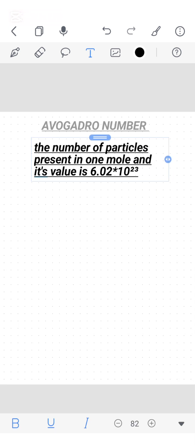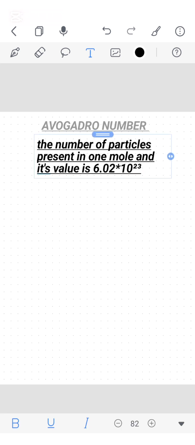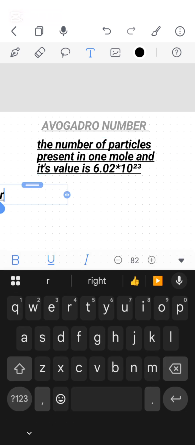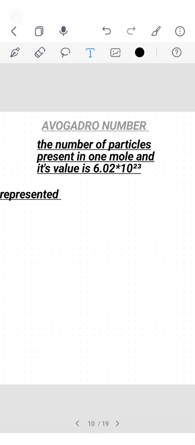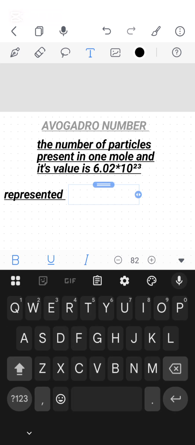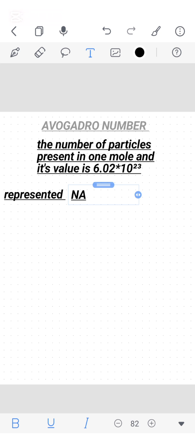The number of particles present in 1 mole, and its value 6.02 multiplied by 10 to the power 23, is called Avogadro number. So what is its representation? Avogadro number is represented by capital NA, you must write capital NA.